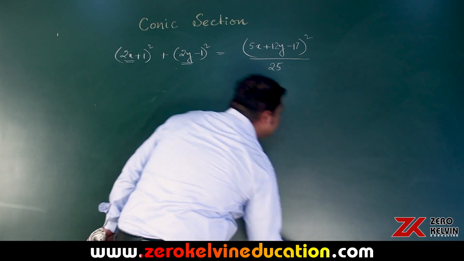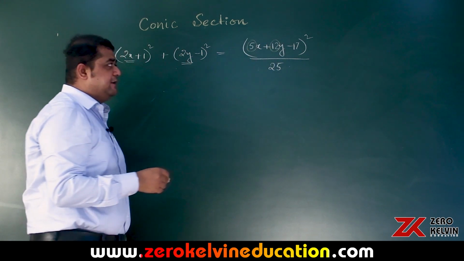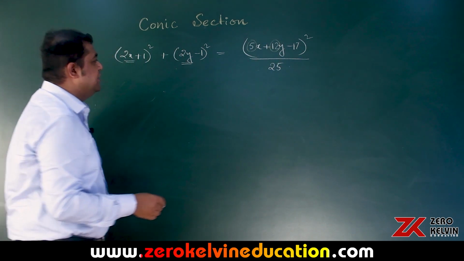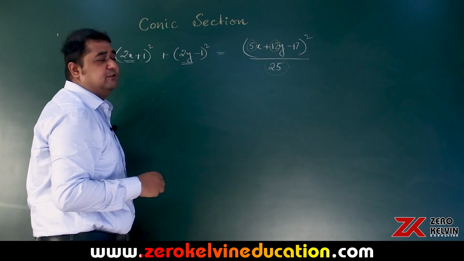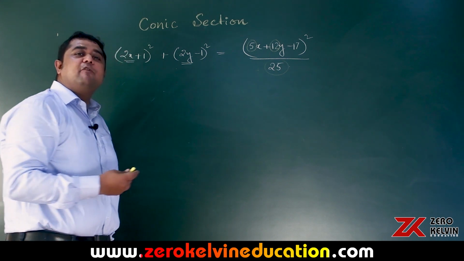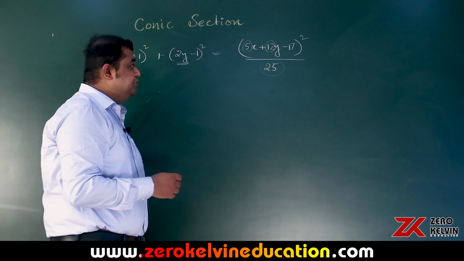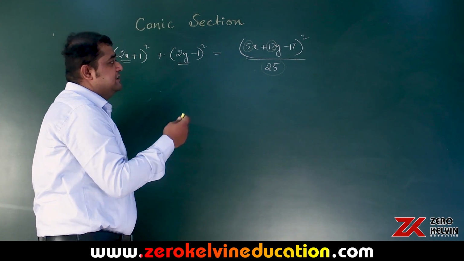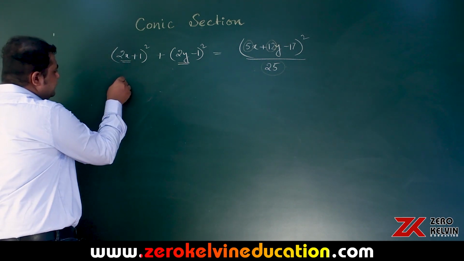The coefficients in the linear expression are 5 and 12, whereas the denominator only has a 5² value, not even 12². Cumulatively our requirement in the denominator was 5² + 12², that is 169, and instead we have got just 25.